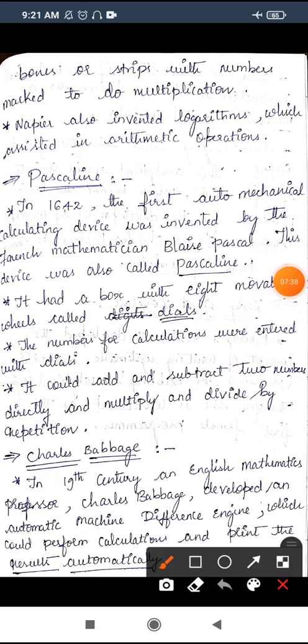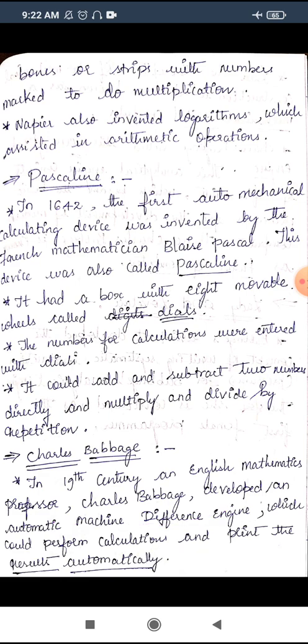The automatic mechanical difference engine was invented by Charles Babbage. It could perform calculations and print the results automatically. Until now, the machines scientists developed only performed calculations.